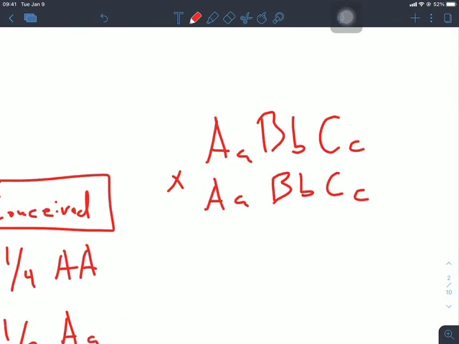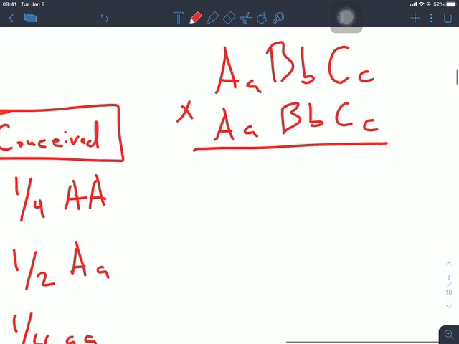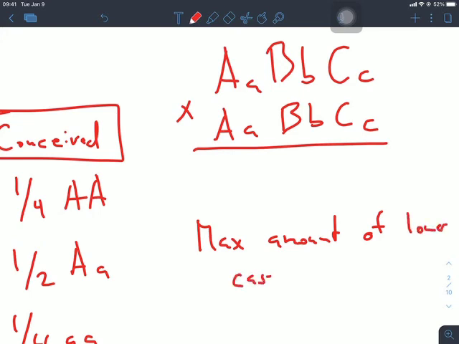What is the probability here of conceiving a child or birthing a child with the maximum amount of recessive alleles at each locus? So what is the probability of having a child with a maximum amount of lowercase, I'll correct that, I should not be saying recessive, maximum amount of lowercase being born?